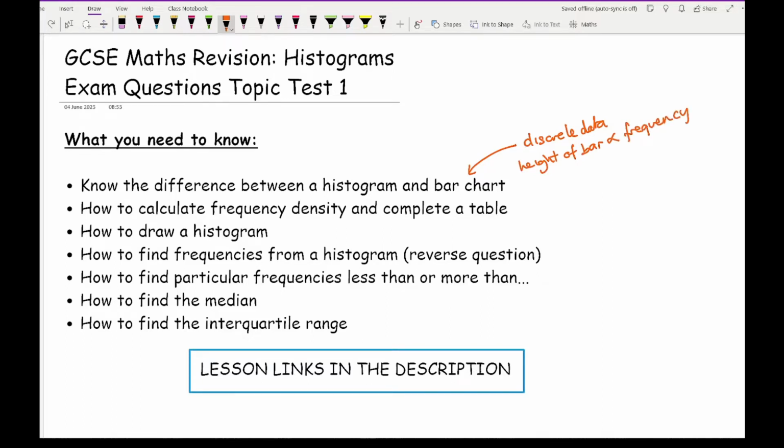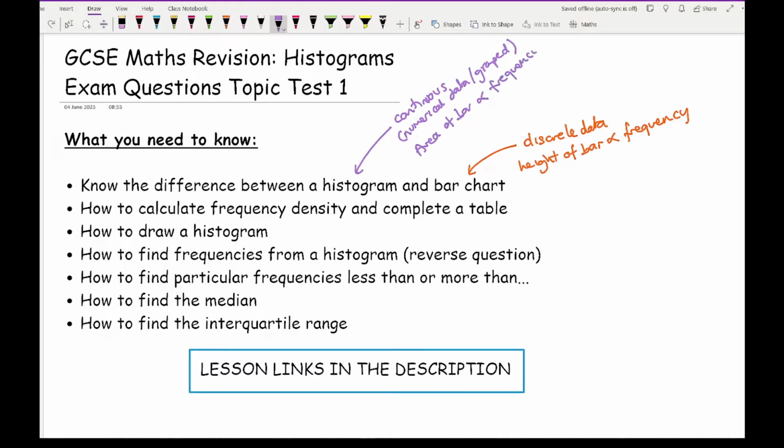Now where a histogram comes in is when you've got continuous data, so it can be numbers within any data range, and it's basically also when you've got numerical data, or in other words grouped data, and also where the area of the bar is proportional to the frequency.